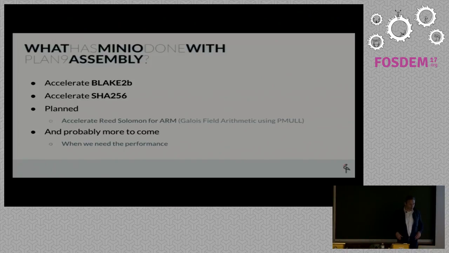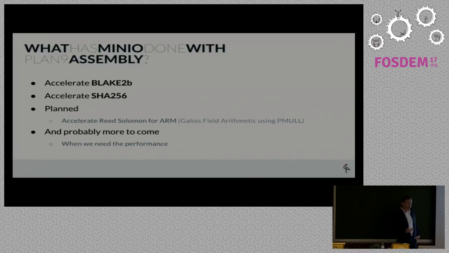If you look at what we have done with assembly, we've accelerated the BLAKE2B algorithm as well as the SHA256 algorithm, and we're planning to do one more piece of work, which has to do with erasure coding, called Reed-Solomon. This uses Galois field arithmetic, polynomial multiplications, and ARM has a specific PMULL instruction.